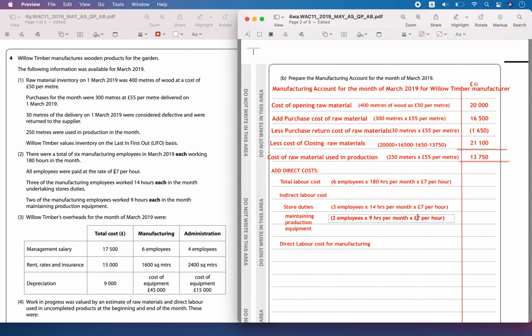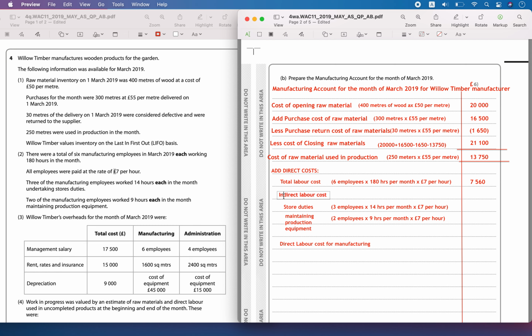So the cost is going to be equal to 7560 pounds.